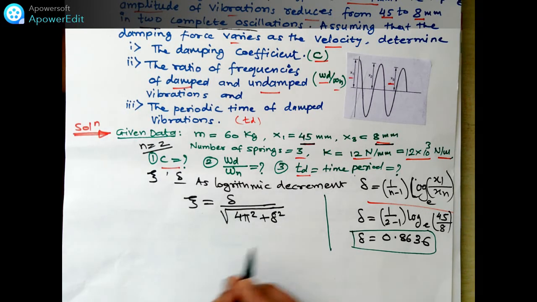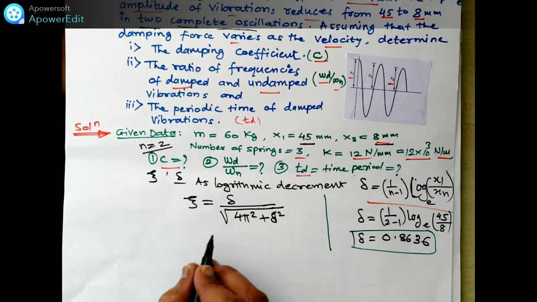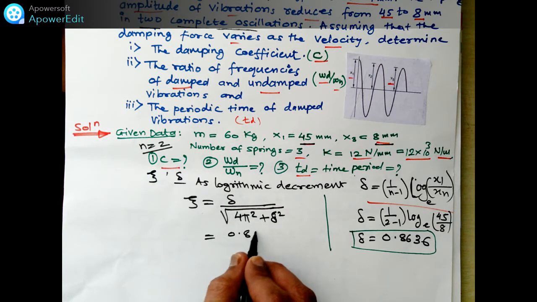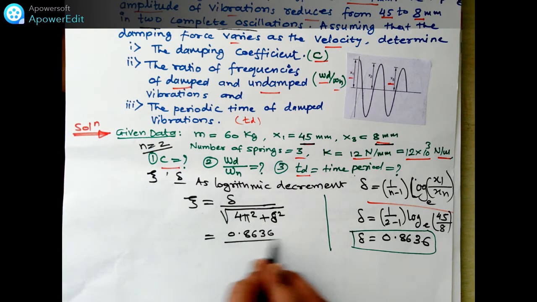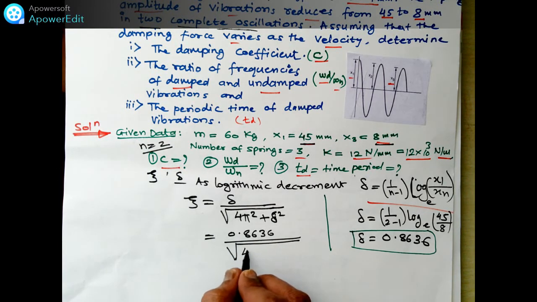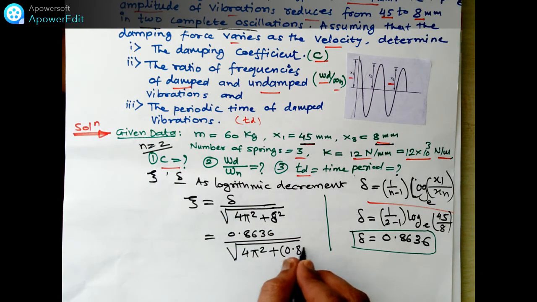This is the delta, the same value we calculated here, and put this value in this equation: 0.8636 divided by, in the denominator, under root of 4 pi square plus delta square, inside the bracket 0.8636 square.